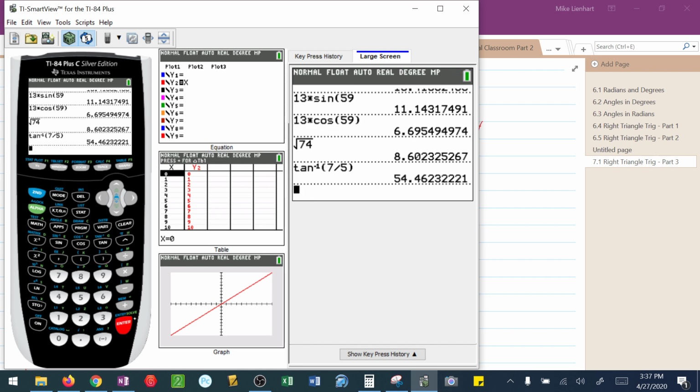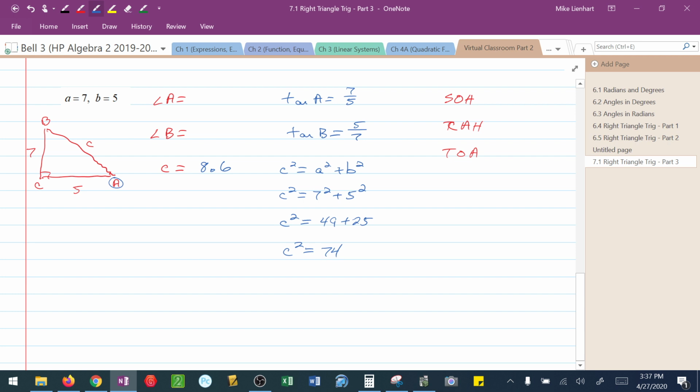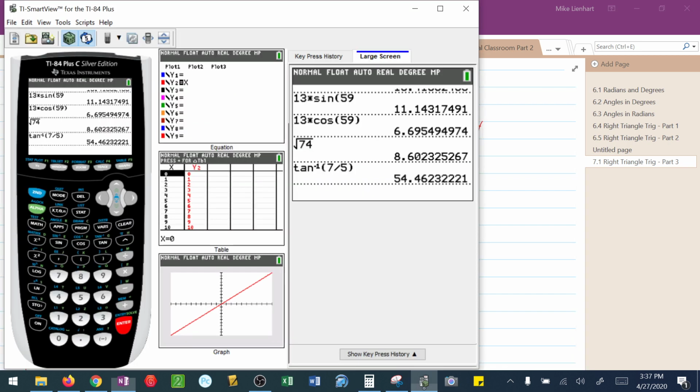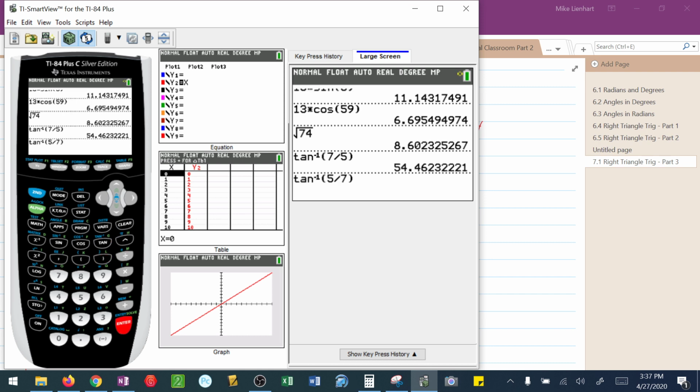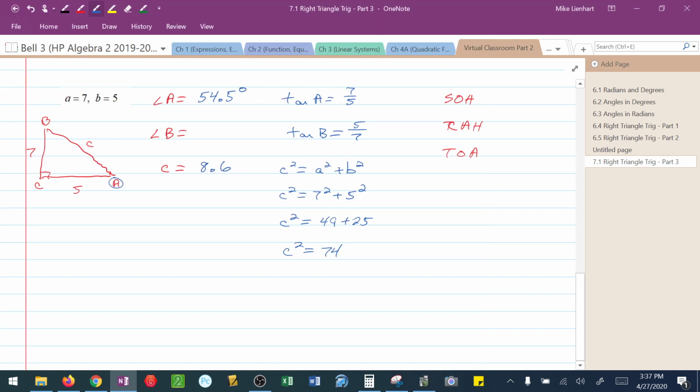And then round that angle to the nearest tenth, that'd be 54.5 degrees. And then the inverse tangent of 5 over 7 would give me 35.5, rounded to the nearest tenth.